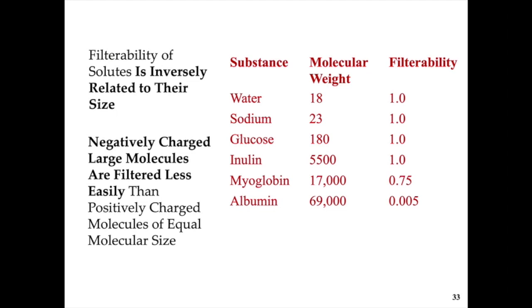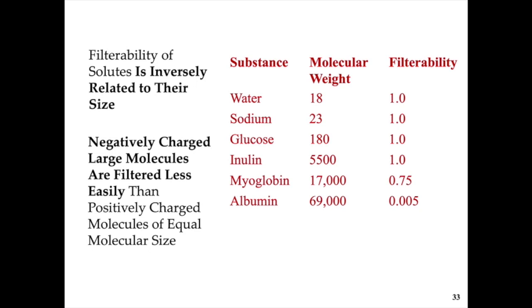You can quantify this, and here it is the filtrability, meaning how much of the substance in the blood can cross the filtration membrane. You see, water has no problem, so it can be 100% there. Sodium has no problem. Glucose has no problem. This substance we'll talk about, inulin, has no problem.